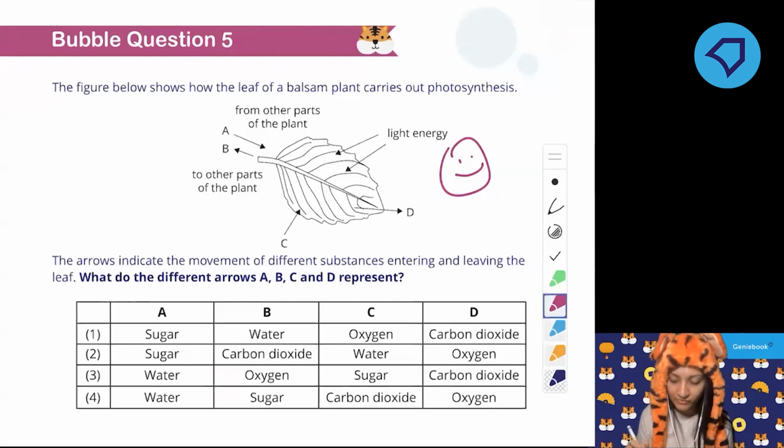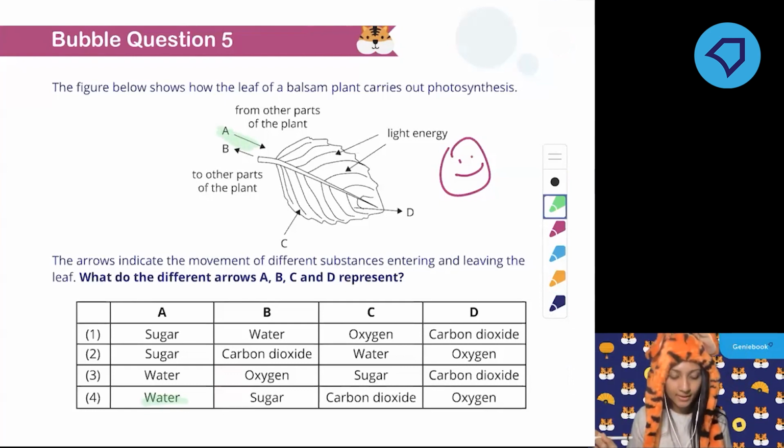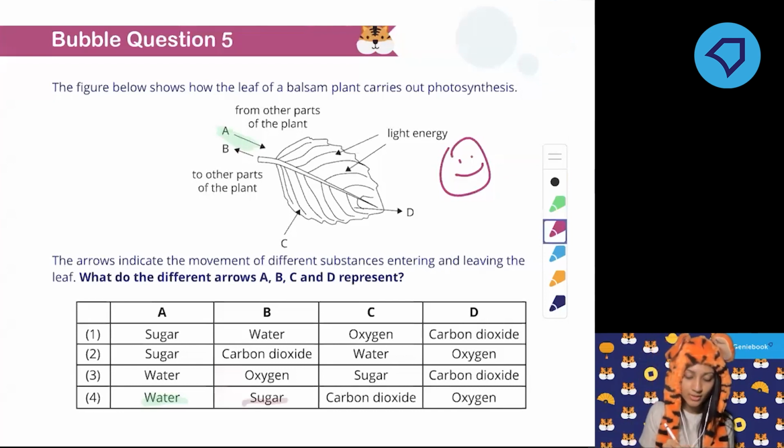I'll use my different color to show you the difference. What goes into the leaf has to be water, right? So water is A. Remember, the leaf needs water coming from the roots. Remember the animation, it goes up. And if you look at B, what is being produced as a result of photosynthesis? It is the sugar, so that's why B is going away.